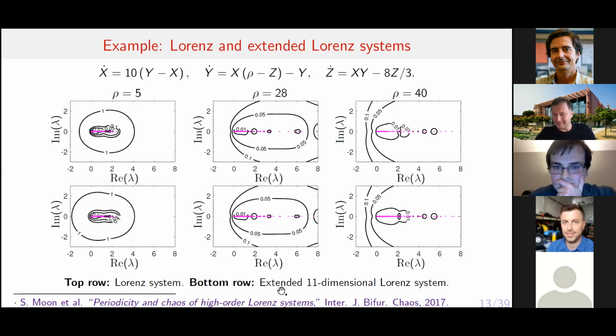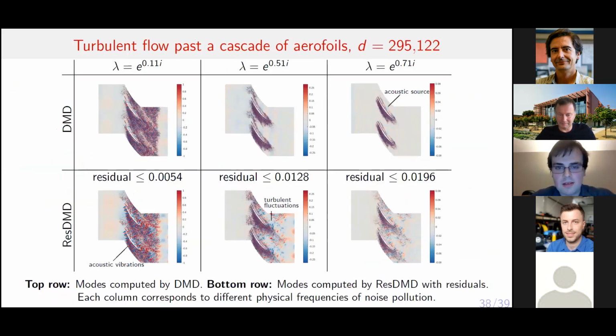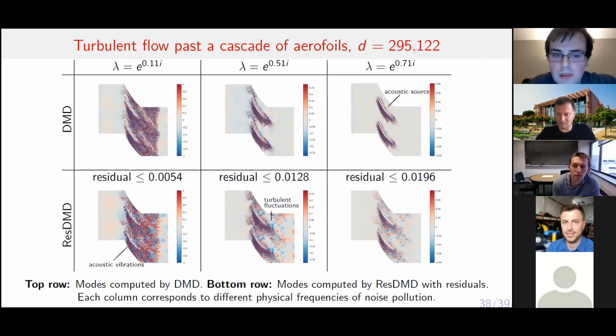I just had a quick question about the eigenfunctions of the fluid flow, the last example, when you're looking at the residuals. Each of these eigenfunctions seems to get smaller in magnitude. Yes, that's because when you look at the expansion in the eigenfunctions, those coefficients decay.